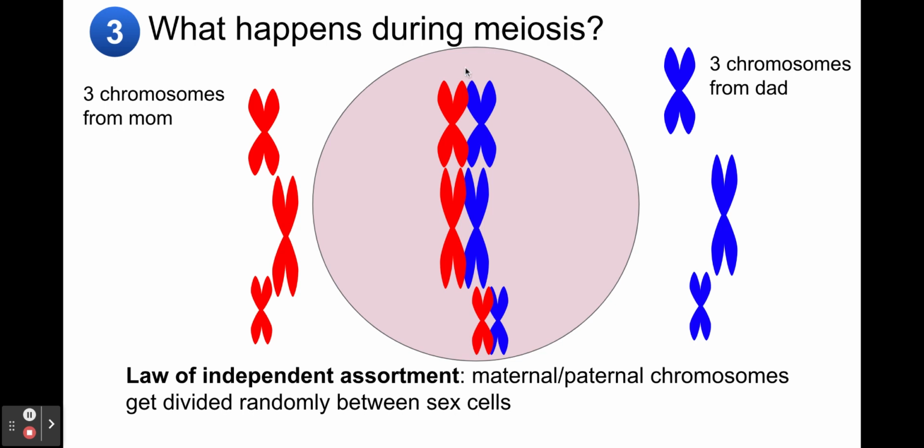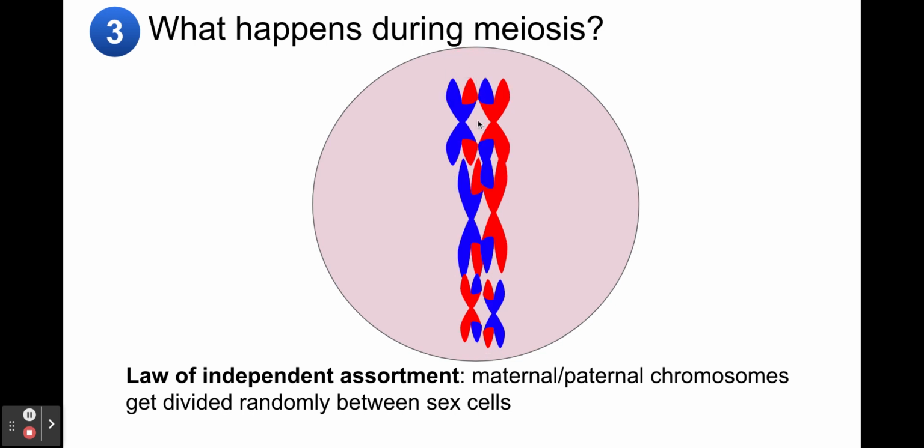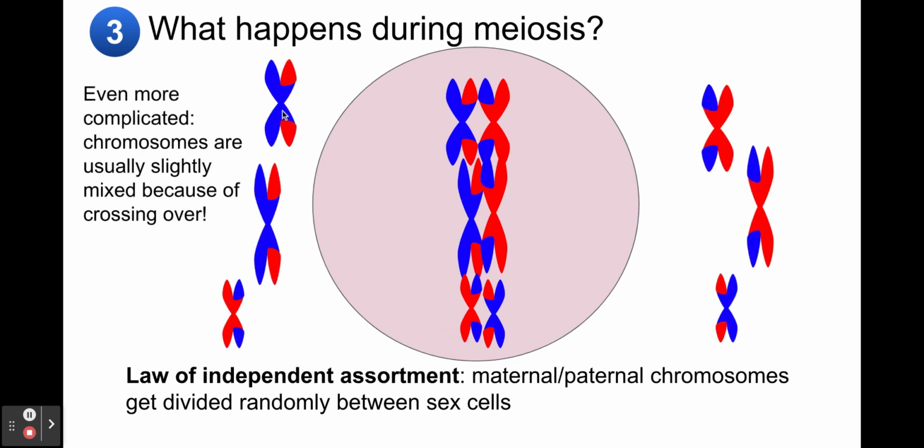They swap genetic material, they cross over, and we actually have chromosomes that look like this that are recombinant. And so my complicated recombinant chromosomes on the left will end up forming a set of complicated genetically different sex cells inheriting this info. And the sex cells that I end up with from the right will inherit this different set of recombinant or not recombinant genetic info.